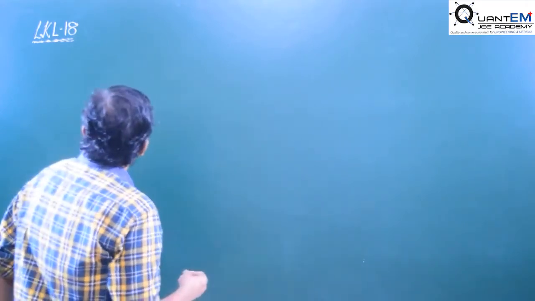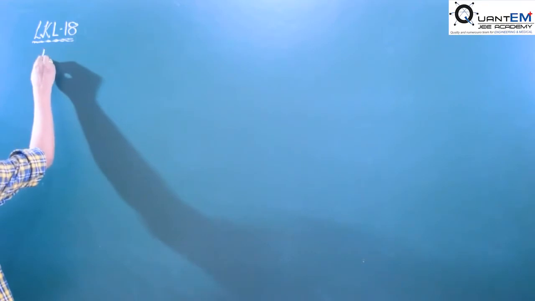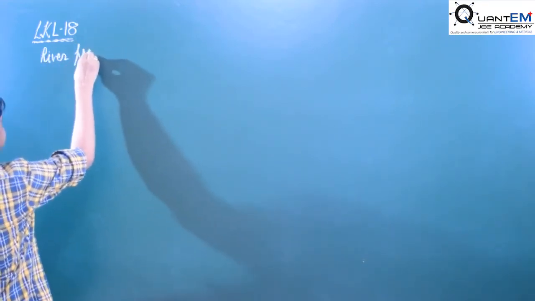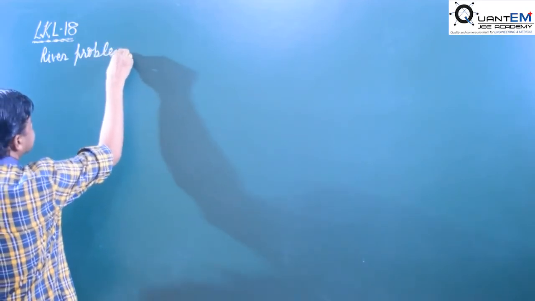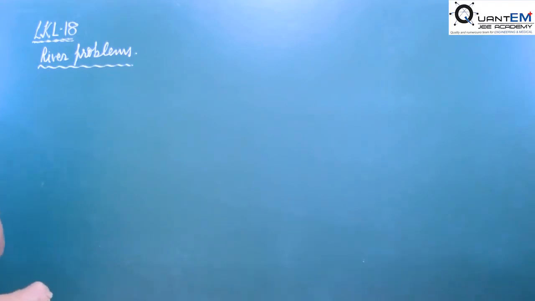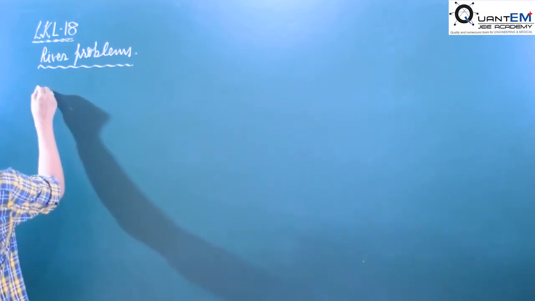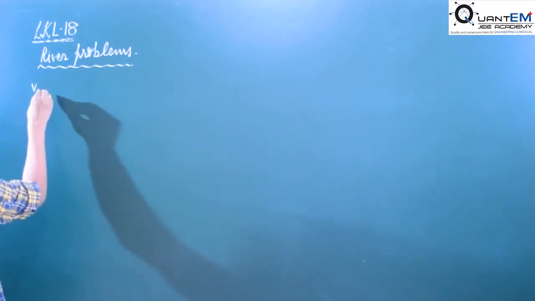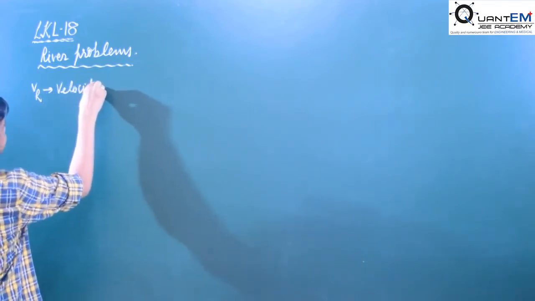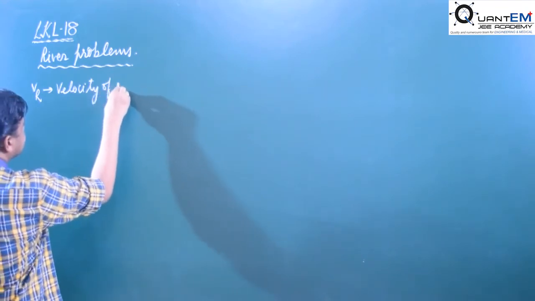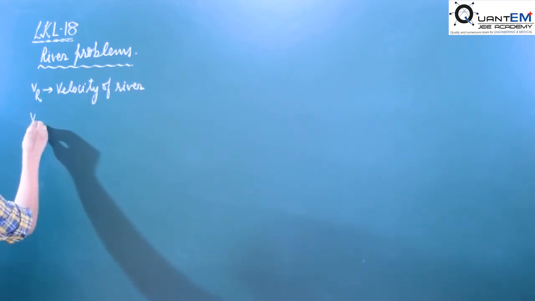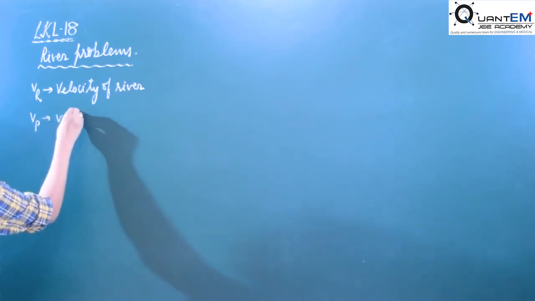Now we come to the river problems. See here we have VR as velocity of river, Vp is what?